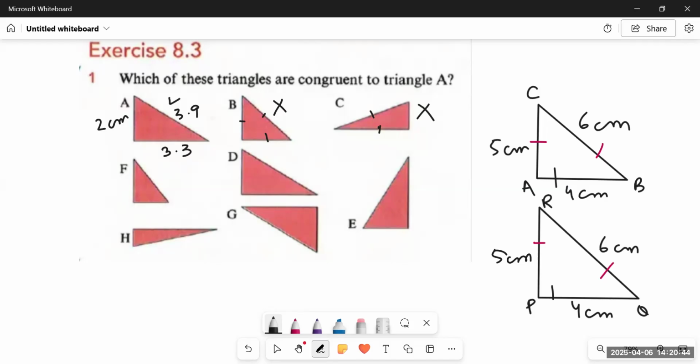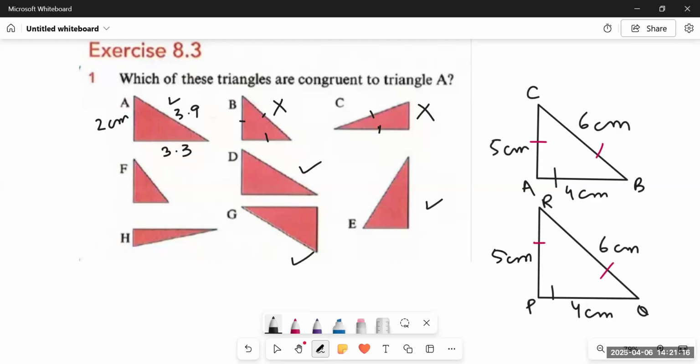Then if we talk about triangle F, we can say that this triangle could be congruent to triangle A because this side seems to be, no, again, this is not congruent to triangle A.